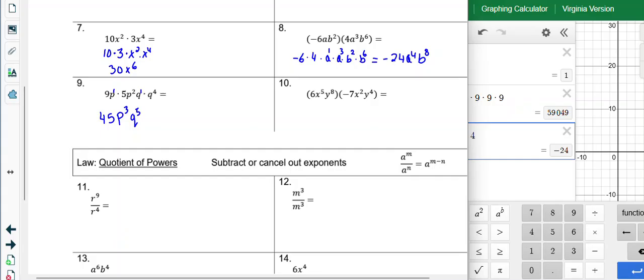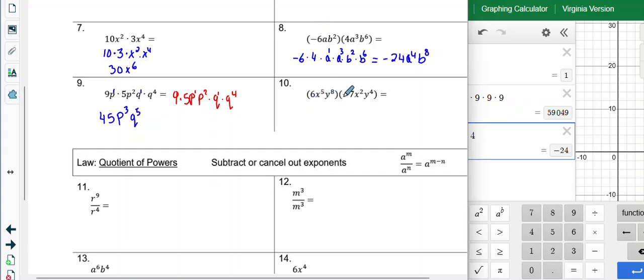Or if you want, you can write it out as well. You could first collect everything together: 9 multiplied by 5, and then p to the 1, p to the 2, q to the 1, and then q to the 4. Then 9 times 5 is 45, 1 plus 2 is 3, 1 plus 4 is 5.